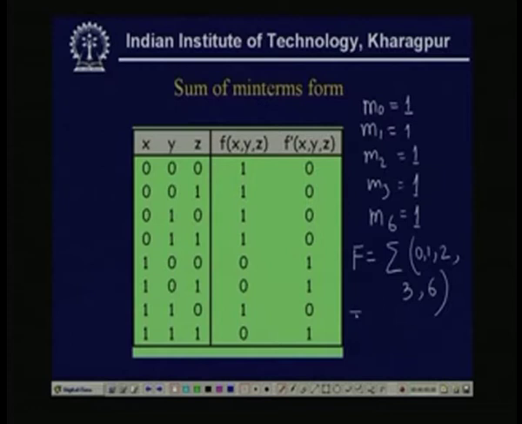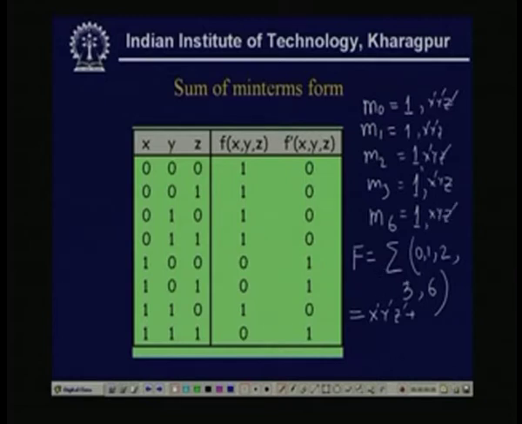If it is the 0th term, it means x' y' z'. m1 means x' y' z. 2 means this is x' y z'. 3 means this is x' y z, and 6 means this is x y z'.